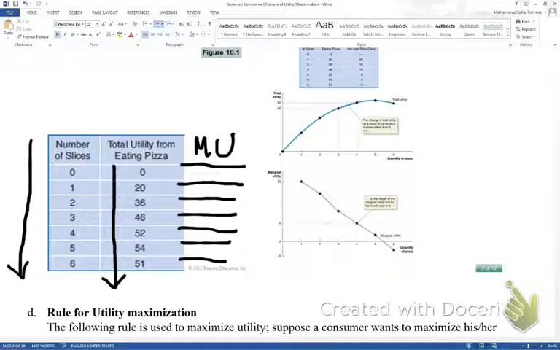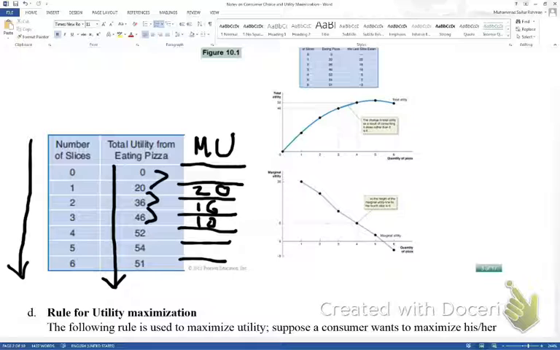For example, when we are buying the first unit of pizza, our marginal utility is 20, right? It's the difference between these two. When we are buying the second unit, our marginal utility is 36 minus 20, which is 16. When we are buying the third unit, the marginal utility is the difference between 36 and 46, so it's 10.